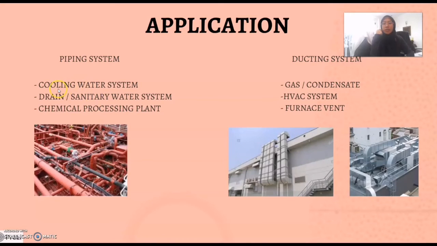For piping systems, usually it is cooling water systems, drain or sanitary water systems, and chemical process plants. So these are examples for piping systems. And for ducting systems, we usually see HVAC systems, heat ventilation air conditioning systems, and furnace vents, also gas and condenser.